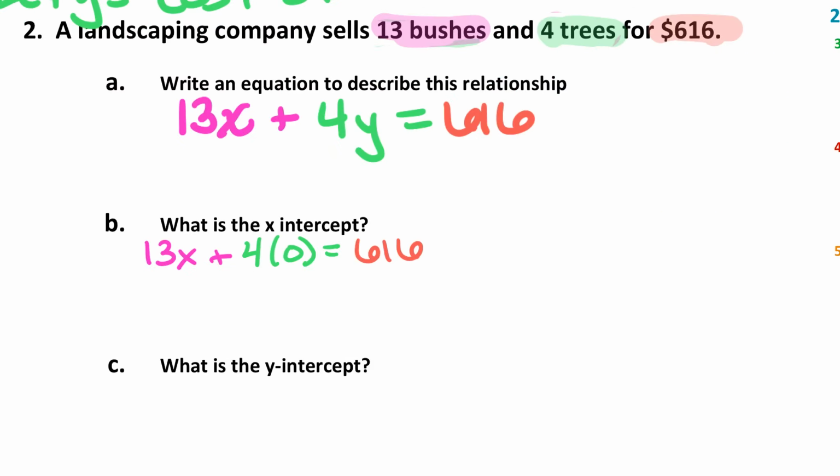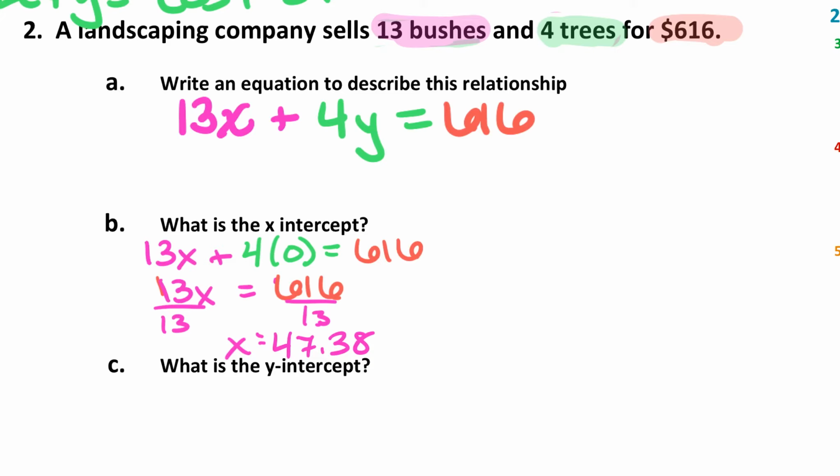So I'm going to start off with this equation, 13x plus 4 times 0 equals 616. Then I'm going to get 13x is equal to 616. I'm going to divide each side by 13. And I get x is equal to 47.38.